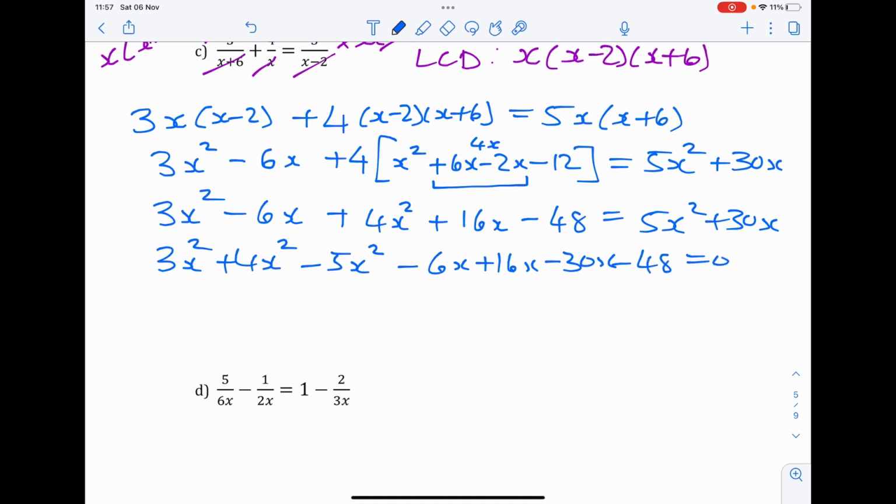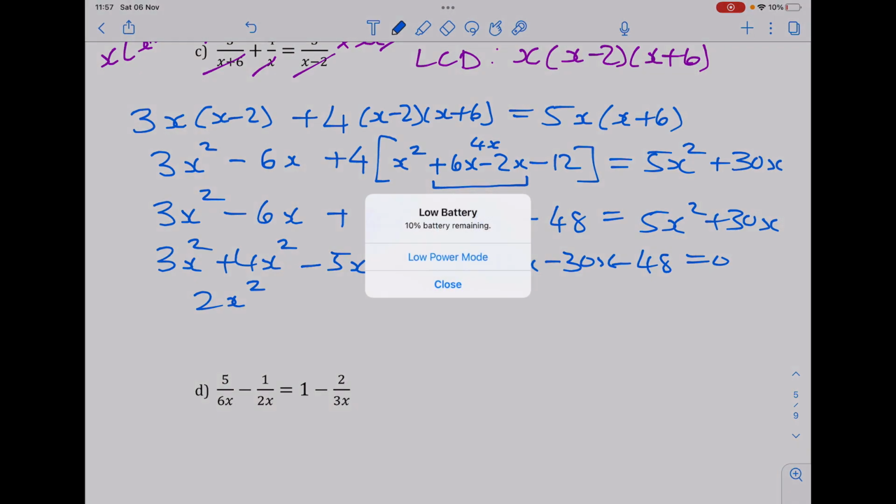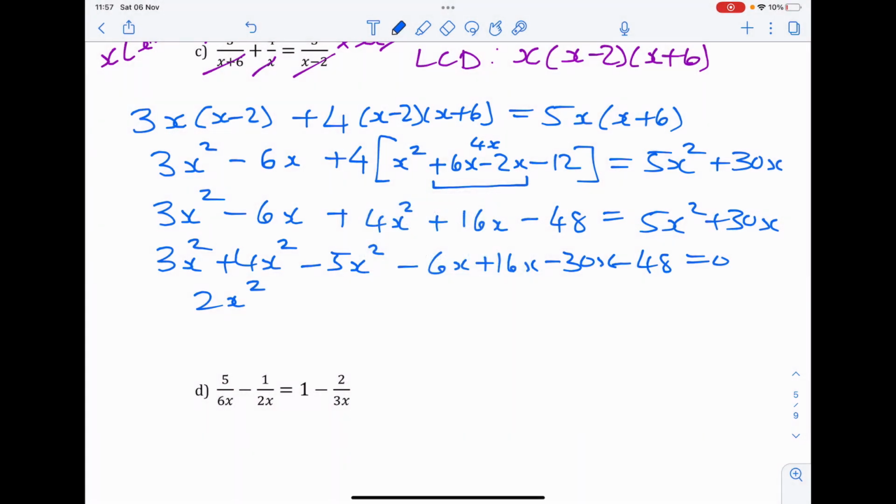Let's neaten that up. 3 plus 4 minus 5 is 2x squared. Minus 6 plus 16 minus 30 is minus 20x. Minus 48 equals 0. This is now one of those trinomials where the coefficient of x squared can be taken out as a common factor.